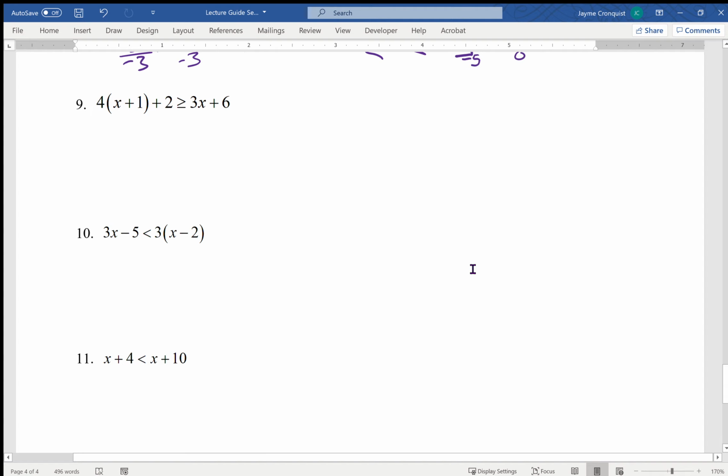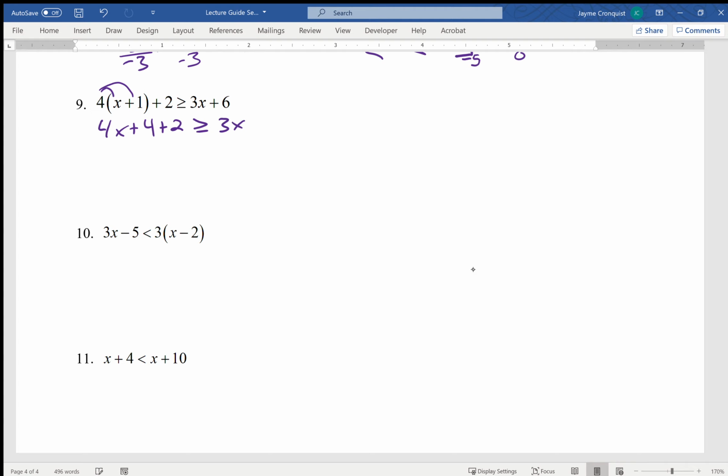Sorry. 9. Distribute. 4x plus 4 plus 2, greater than or equal to 3x plus 6. All right, this is 6. So I'm going to subtract the 3x, and I'm going to subtract 6.